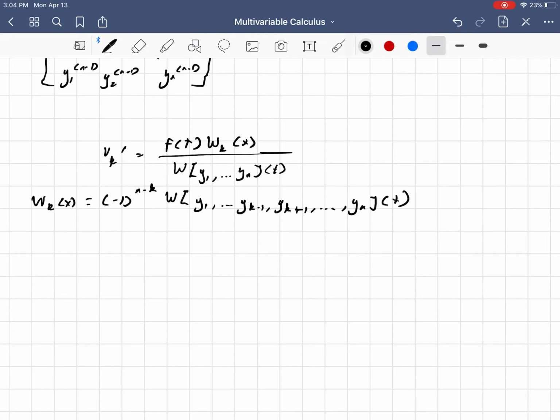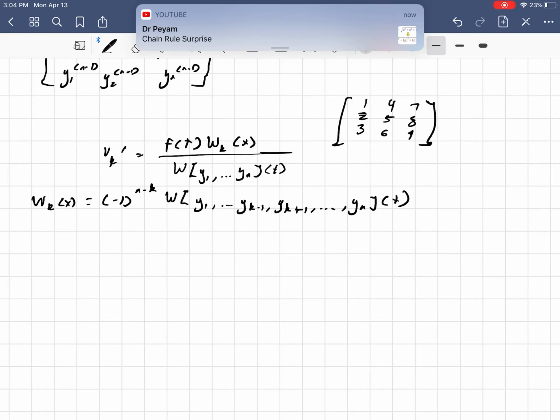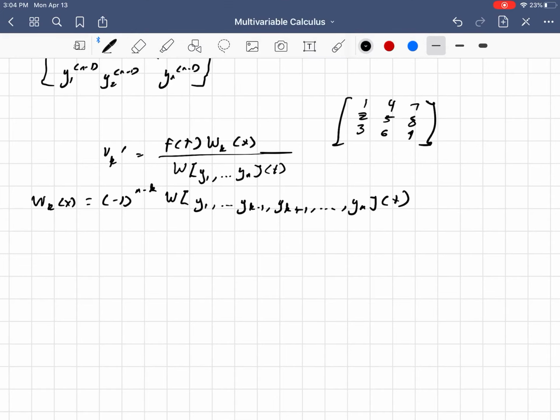It's the determinant where we do a cofactor expansion along that column. It's the determinant of that really big matrix, if you can imagine it. For example, to make it more concrete, if I had the matrix 1, 2, 3, 4, 5, 6, 7, 8, 9, then this isn't a Wronskian matrix, obviously, but say we wanted to evaluate this determinant.